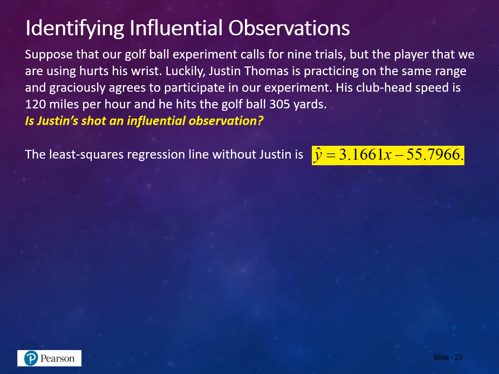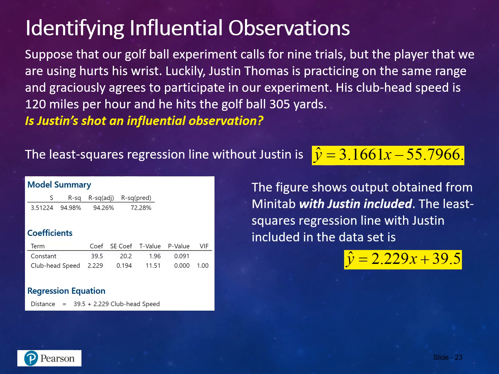The least squares regression line without Justin is y hat equals 3.1661x minus 55.7966, as we've learned in prior examples. Here we have the data, including Justin's data, calculated using Minitab. The least squares regression line with Justin included in the data set is now y hat equals 2.29x plus 39.5.